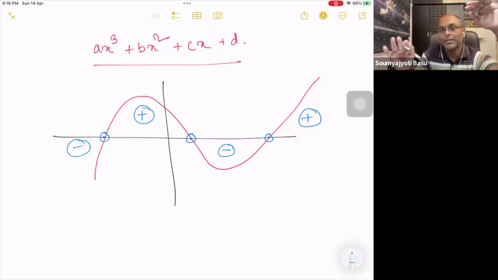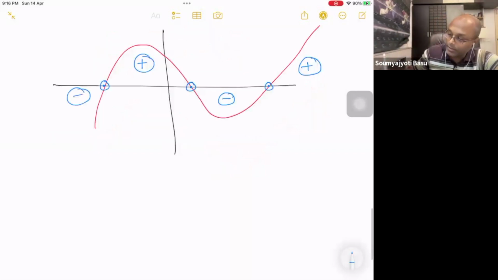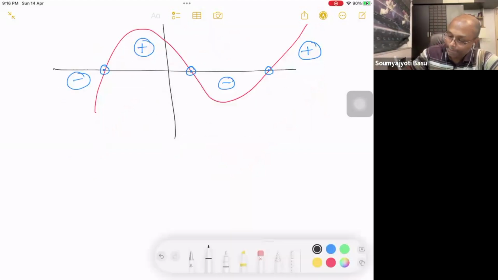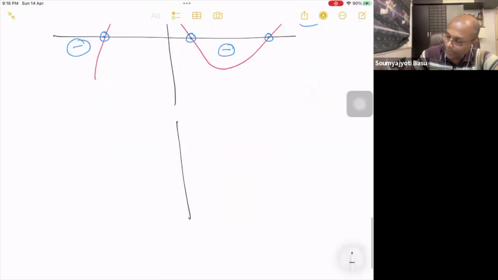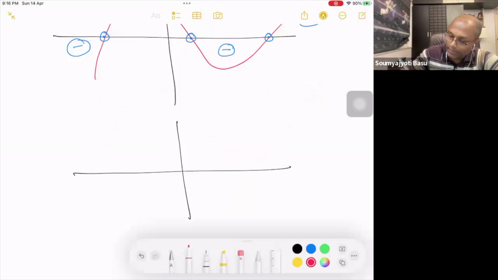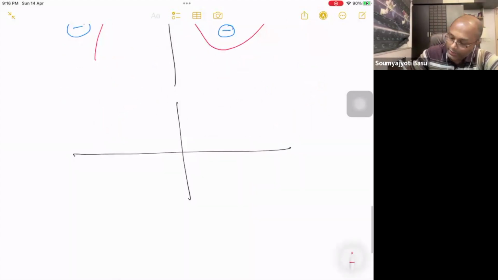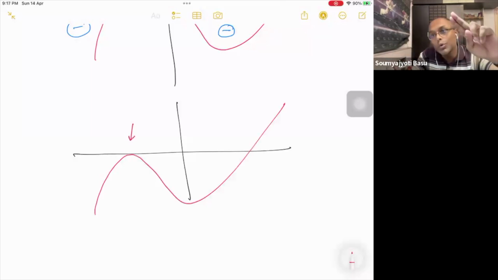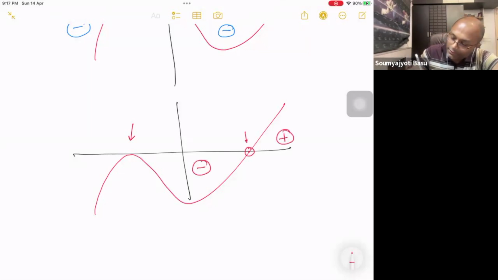Okay. There can be another scenario where, let's say, the curve is somewhat like this. What does that mean? Here, there are two roots just touched, right? So two roots. Here there is one single root. So here it's positive, here it's negative, here it continues to be negative.